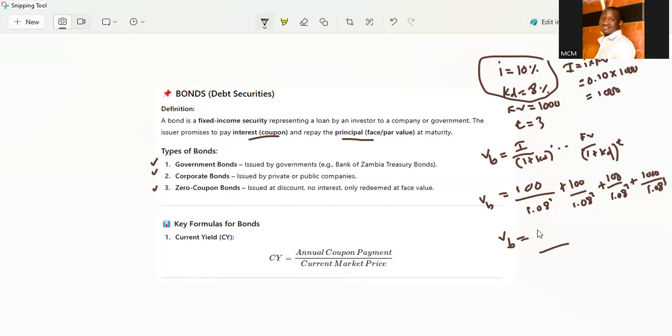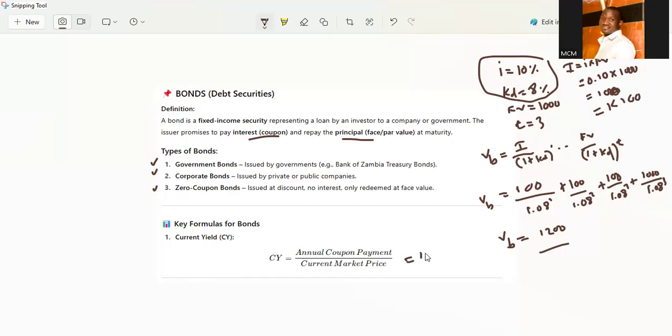So let's say for argument's sake, we find the value of the bond as 1,200. So this is called the premium bond. To find the current yield, you simply divide the coupon payment, this 100 kwacha (sorry, 10% of 1,000 is 100 kwacha), over the selling price of the bond, 1,200.